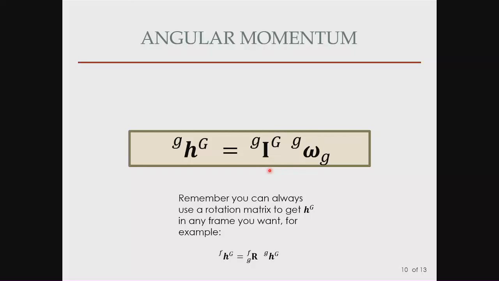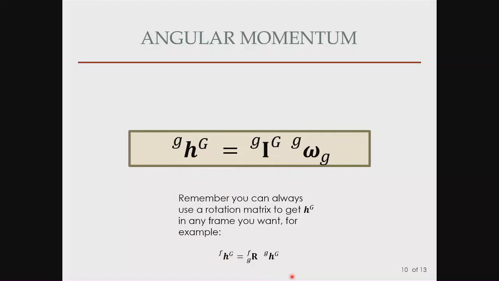It won't work. We will learn what to do to rotate the inertia tensor to another frame. It's a bit more complicated than this operation. This is good for vectors, not tensors, not matrices. So don't apply this just on I and just on omega separately. Don't. But for the entire thing, this H, the product, you can.